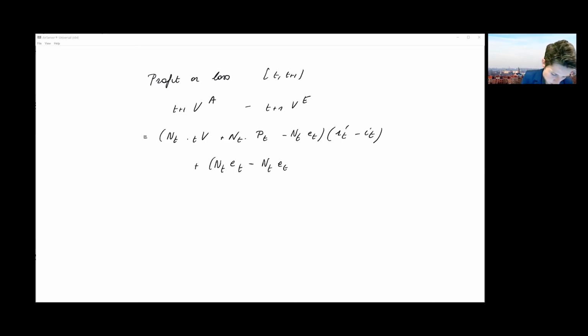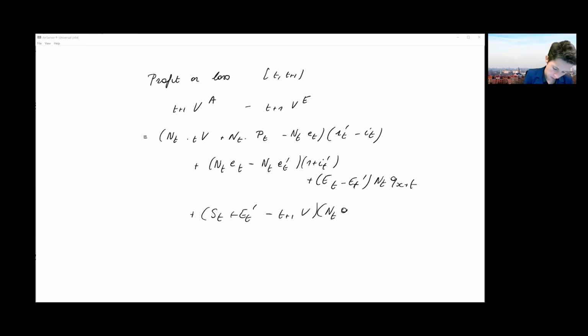So I take the difference of the two expressions that I just built up, put things together, massage this expression, and I get something like this. That is what the difference can be rewritten into.